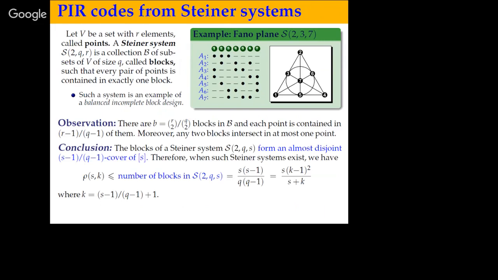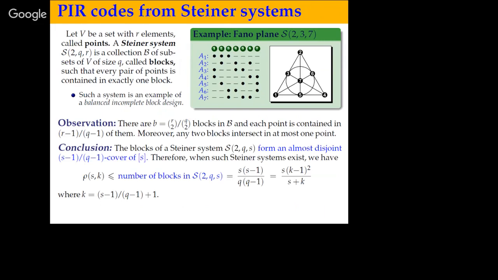I claim that any two of these intersect in exactly one point. They could not intersect in 2 points. Why not? Because for those 2 points, there would now be 2 blocks that contain them, and by the definition of a Steiner system, there's one and only one. So I can use the blocks of the Steiner system as my almost disjoint k cover.